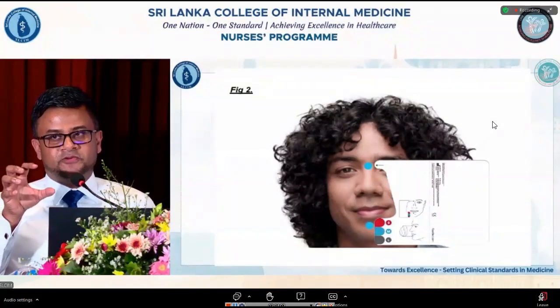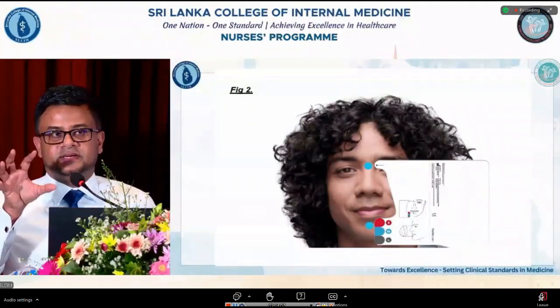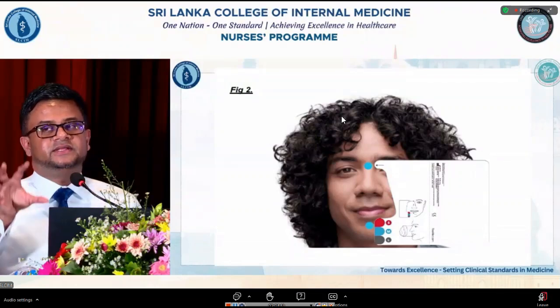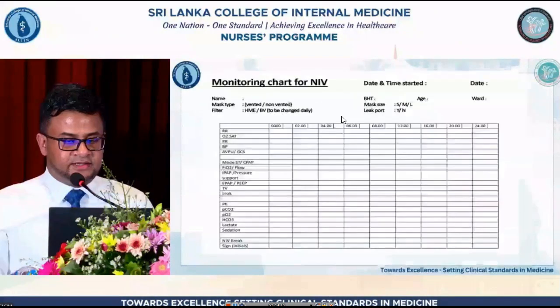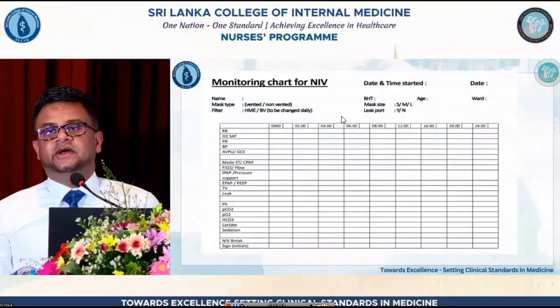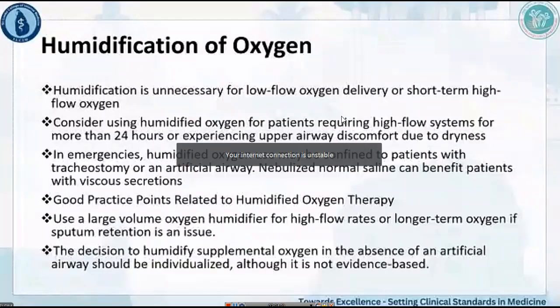When you have a very high leakage, the purpose of delivering through it will be lost. Again, you will have to monitor your chart for NIV and humidification of oxygen, because I have seen many times CPAP or BiPAP being used, and even the oxygen is being used without being humidified, right?